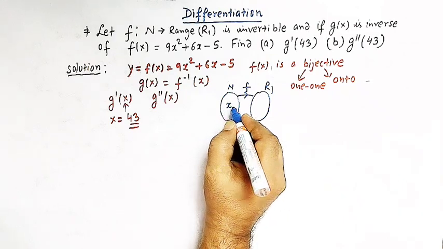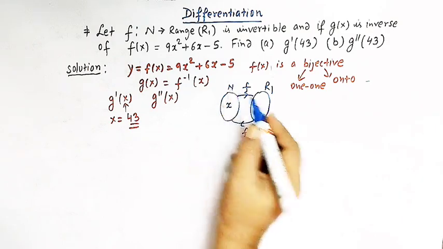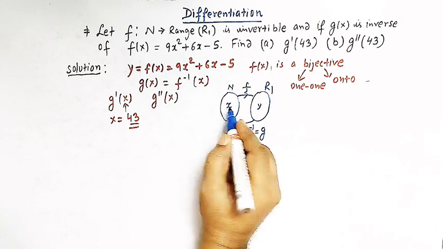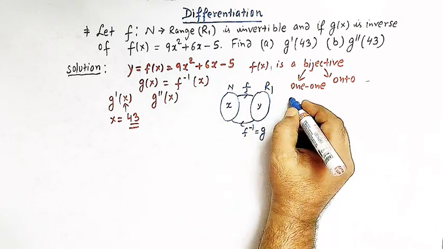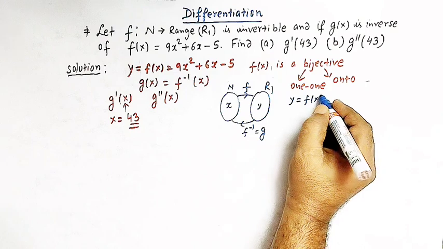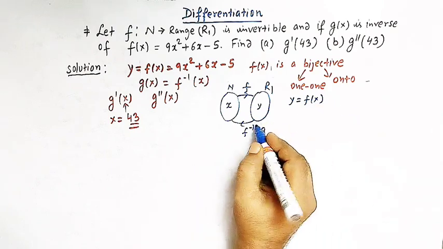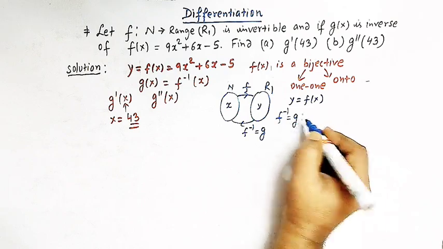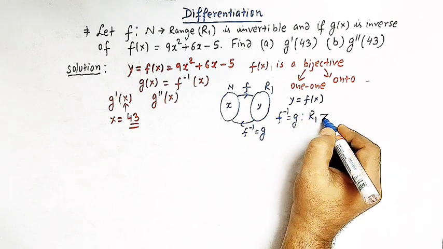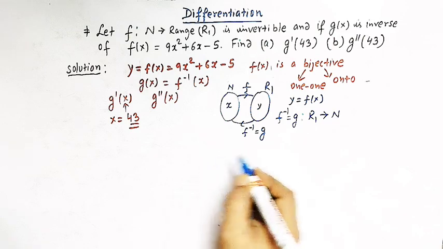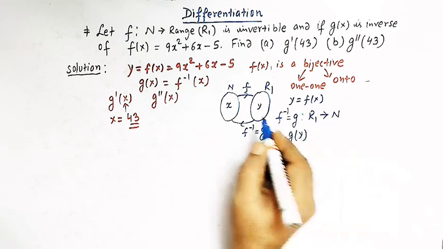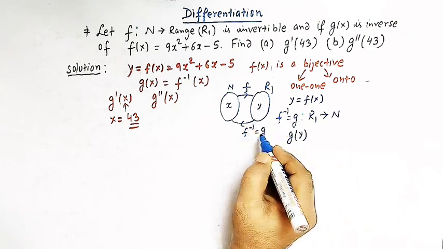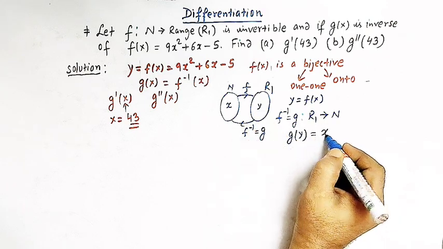So when we have x in the set of natural numbers, then here we have y, that is the image of x under f is y. So we can write y is equal to f of x, right? So when we take the inverse function, that is f inverse, which is equal to g, then g is from R to N, right? So g of y, the input is y here, so the image of y under g is given as x.